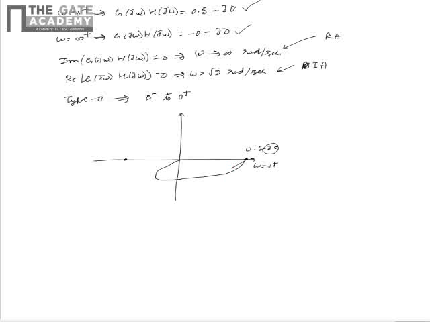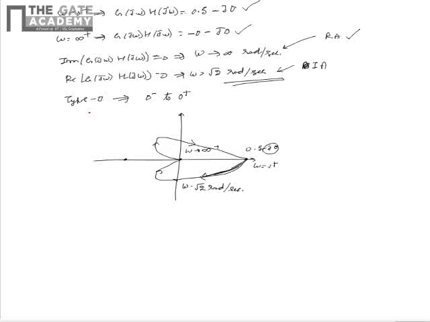And also we saw that the Nyquist plot intersects with the real axis as omega tends to infinity radians per second, that is as omega tends to infinity plus, but it intersects with the imaginary axis at omega equal to root 2 radians per second, that is at the point marked. And as omega is varied from infinity minus to 0 minus, the Nyquist plot can be plotted as shown.